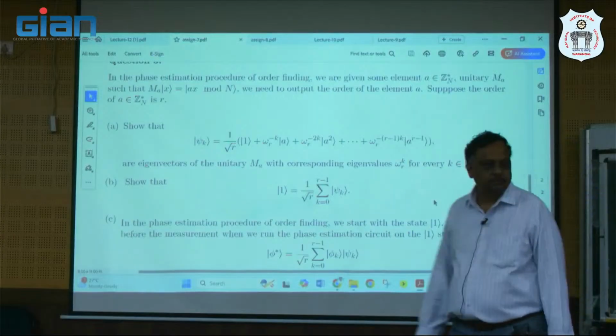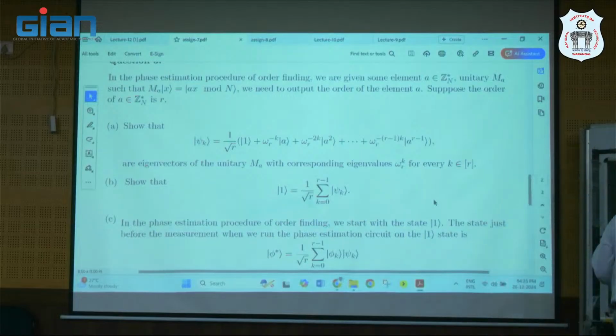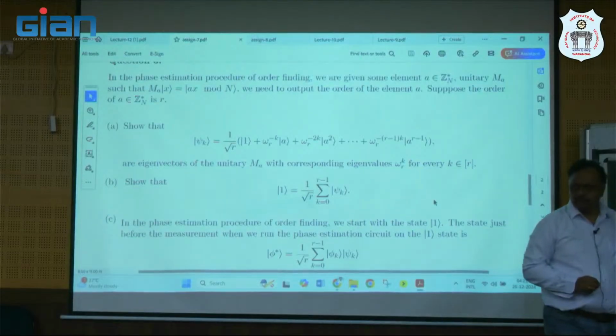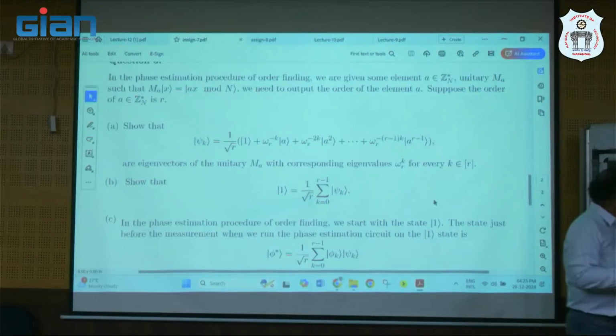Correct. Now, again same thing, you see. J equal to 0. What is j equal to 0? You get 1. You get a to the 0, 1. What is this? Use this formula.